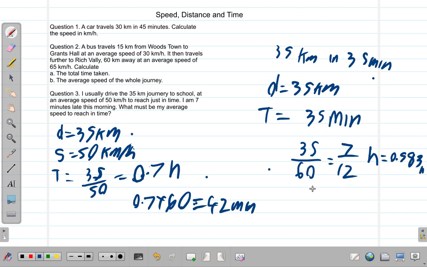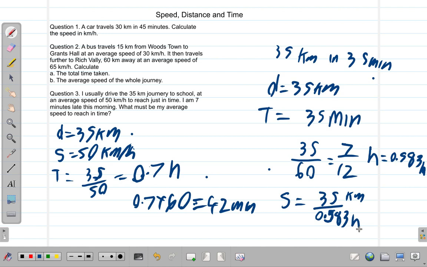Now, the speed is kilometers per hour. I have to squeeze the H here. I'm running out of space. The speed is kilometers per hour. Kilometers, 35 over hours, 0.583 hours. So it's 35 kilometers over 0.583 hours.